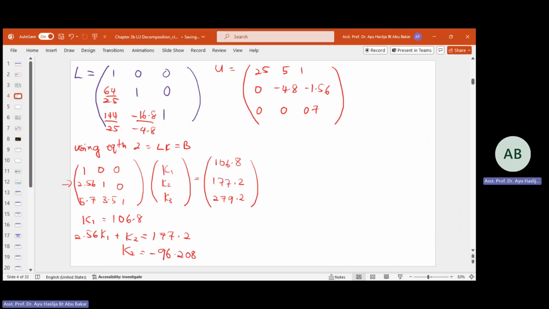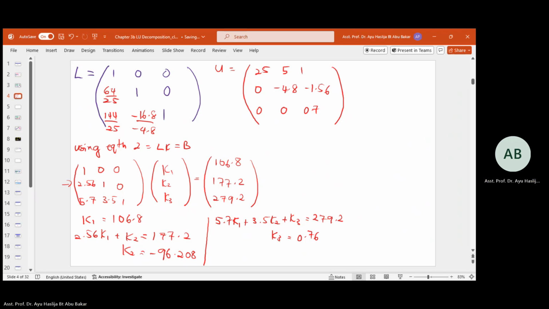Same thing for K3. Substitute the known values K1, K2, you will get your K3, 0.76. That is not the final answer yet. So this is your K.